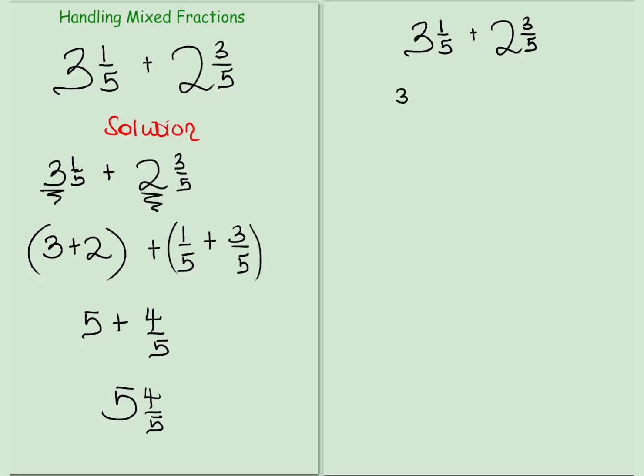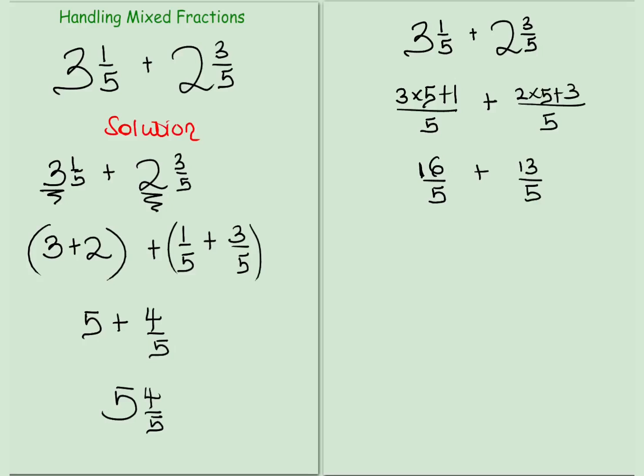That is 3 times 5 plus 1 all over your 5, then plus your 2 times 5 plus 3 all over your 5. All of this then gives us your 16 over 5. Easy. And then plus, this also gives us a 13 over 5.